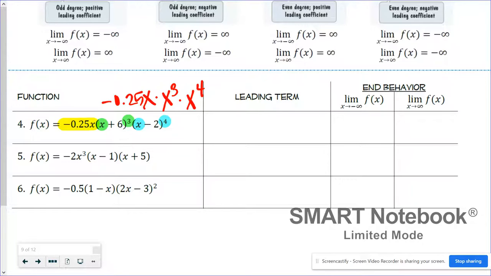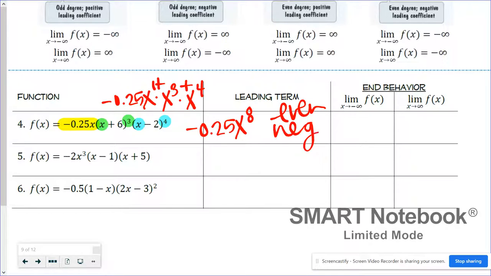And if I actually do the math, my ultimate leading term will be negative 0.25x to the 8th power. Because remember, we are adding all the exponents, 1 plus 3 plus 4. So once again, this is an even degree with a negative coefficient. And so both end behaviors would be negative infinity and negative infinity.